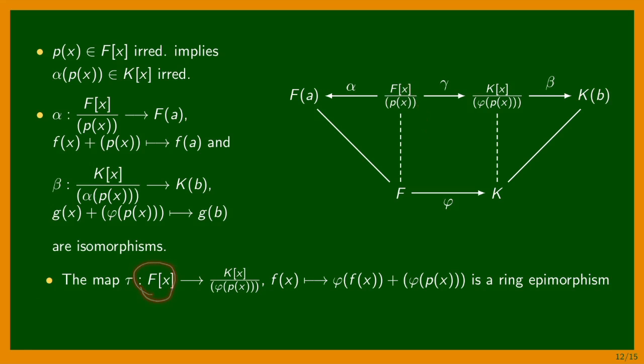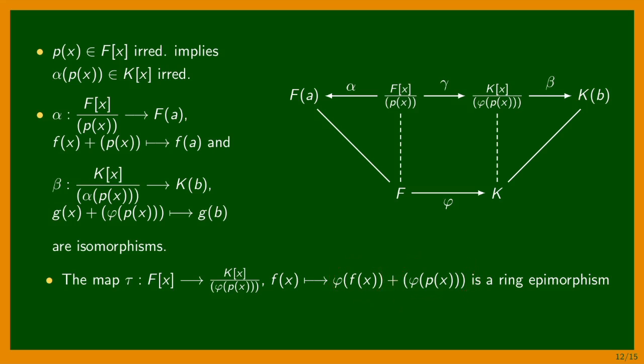We will construct the map tau from F square bracket x, mga polynomials ito, to this ring of cosets in this manner. Pag may polynomial f of x ka sa F square bracket x, dadalhin ko to sa coset neto, that contains this element phi of f of x.